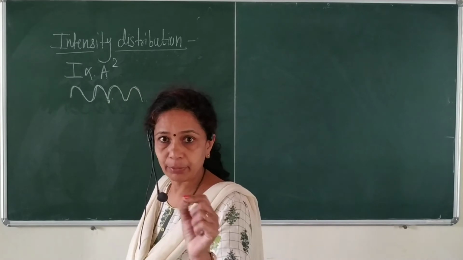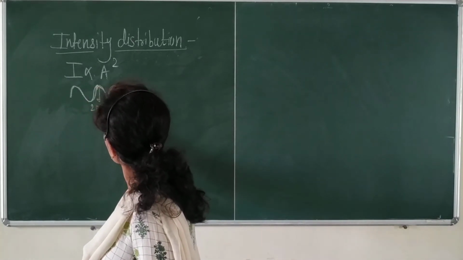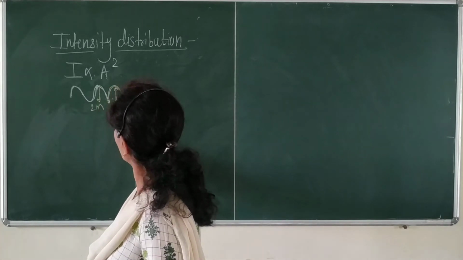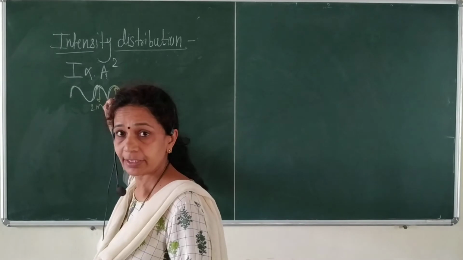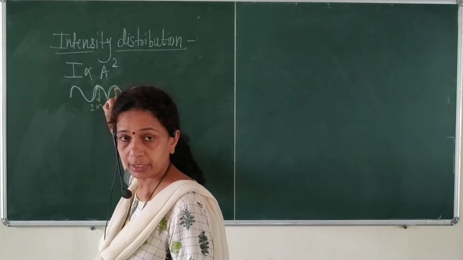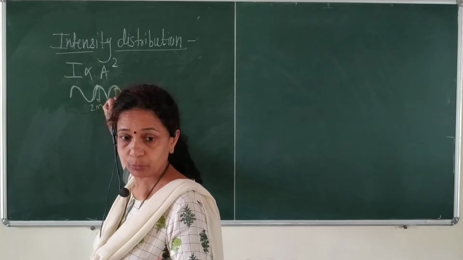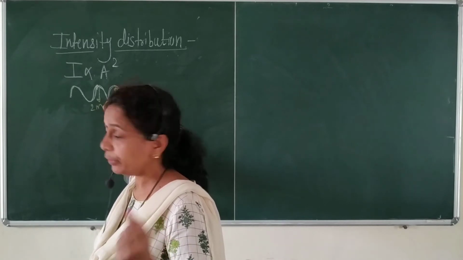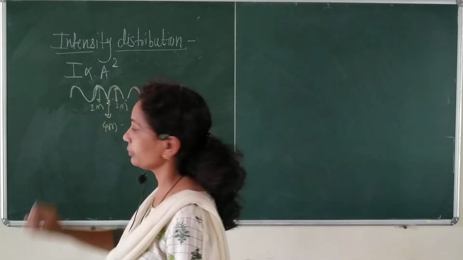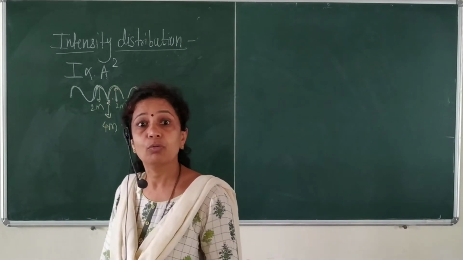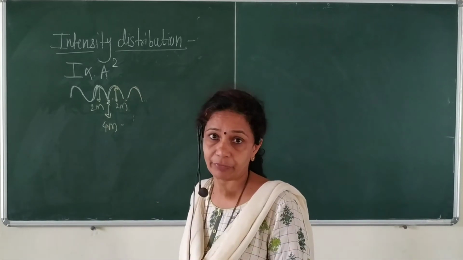Suppose the amplitude of the first wave is 2 meter. This is the amplitude of the second wave, 2 meter. Then at this point intensity is maximum, and therefore it is twice that of the individual wave. Therefore total amplitude is 4 meter, if the two waves are in phase.